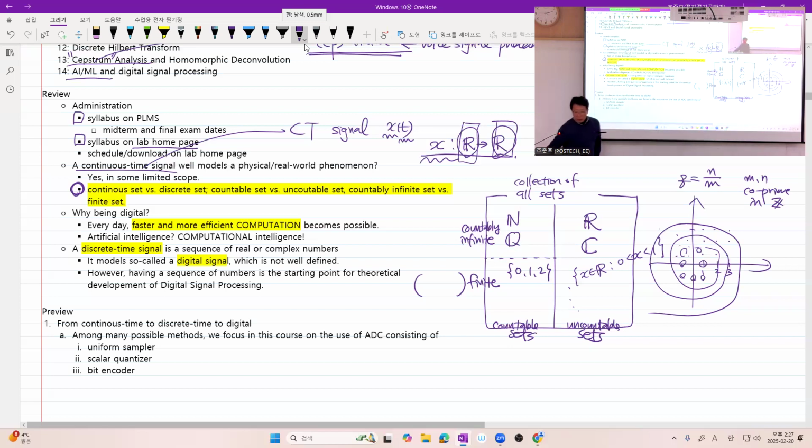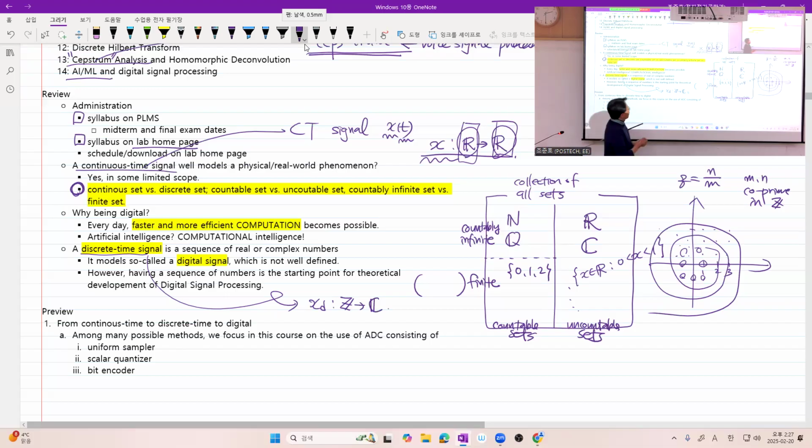Similarly, here we are talking about discrete time signal. Suppose x sub d, where sub means subscript, x sub d may be a function something like this.